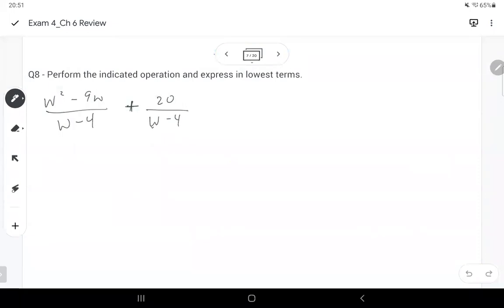Okay, so the next one, I need you to pay attention. The LCD is the same. So you're just going to rewrite it, bring it together, factor.